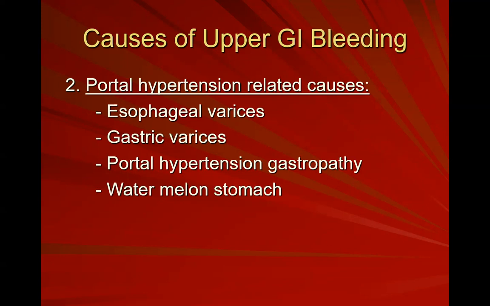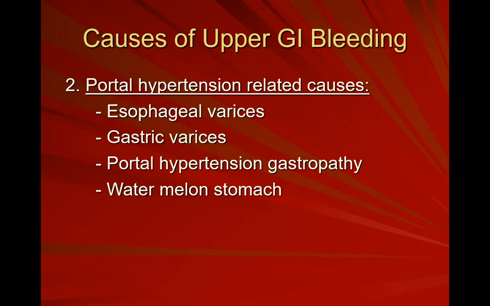So, what's going to happen after that? There would be a connection between the portal system, which is the portal vein that goes into the liver, and the systemic veins, which bypass the liver.